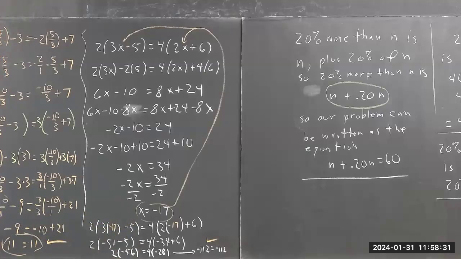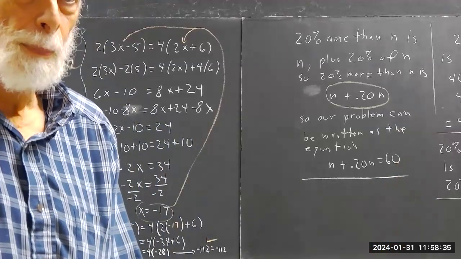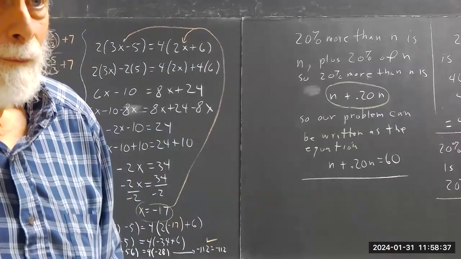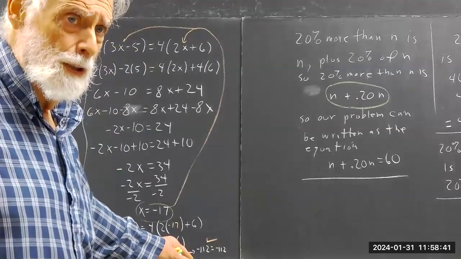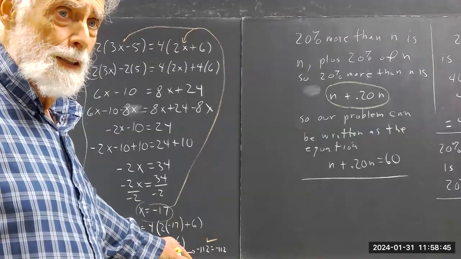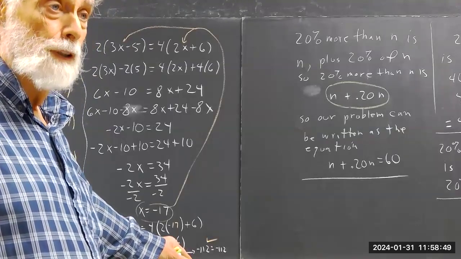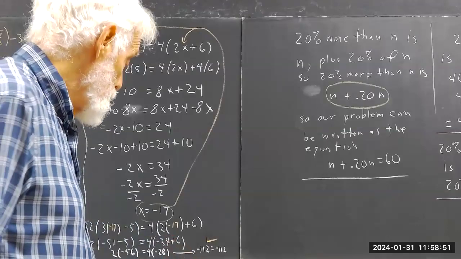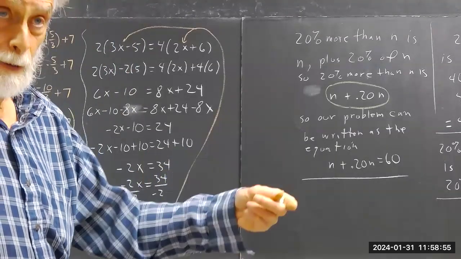Check it before OpenMath tells you it's wrong. Of course, you're going to get the immediate feedback in OpenMath also. But then work the problem out until you check it. If OpenMath says it's wrong, then you haven't checked. Then start checking, rework it and check. You learn more and you learn faster and you learn better.